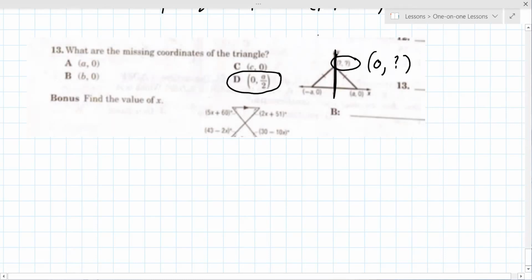So one thing you could do here is pick a value for a that made sense for you, like, I don't know, 3. So if this is your origin, and you go out 3 and you go out 3, and you don't know how far you go up here, but you know that these have to be the same.